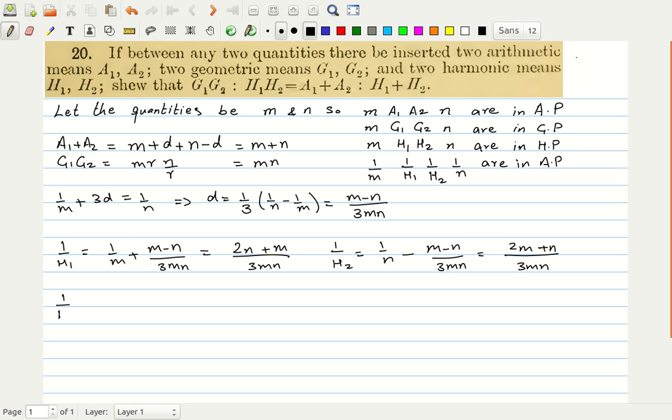So we know what is 1 by h1, we know what is 1 by h2. What is 1 by h1 plus 1 by h2? We simply add these two terms.